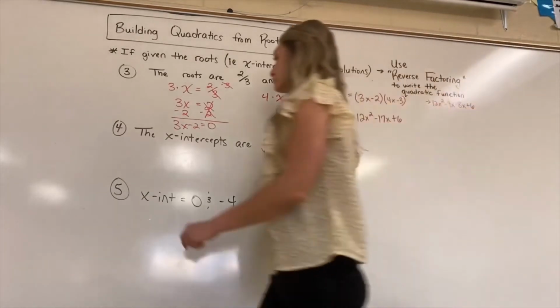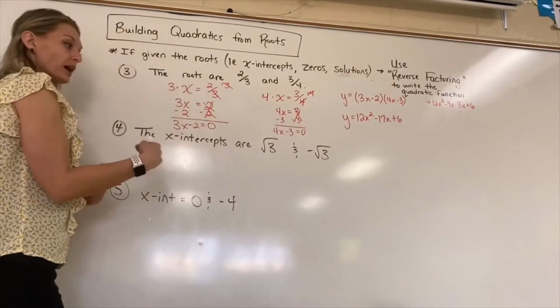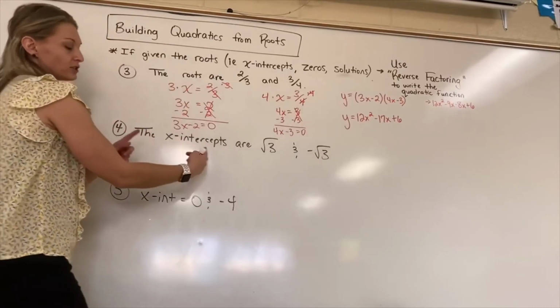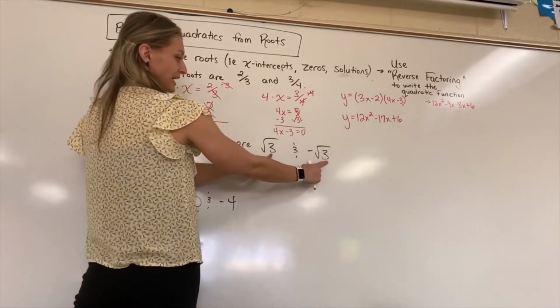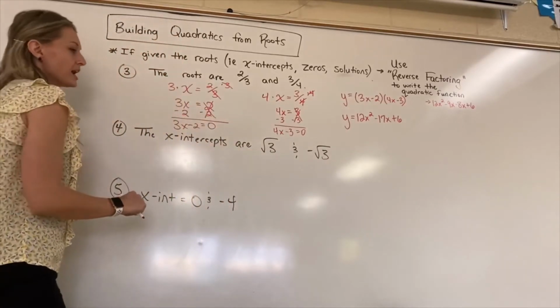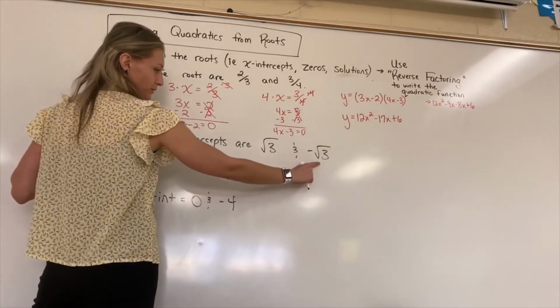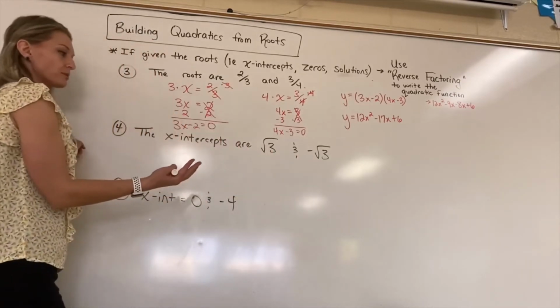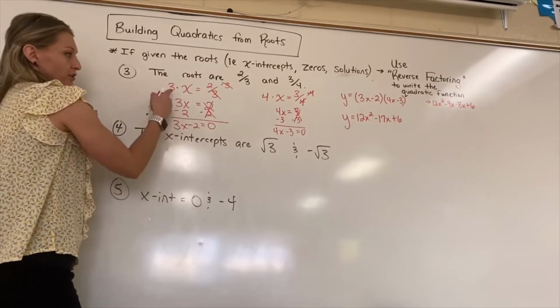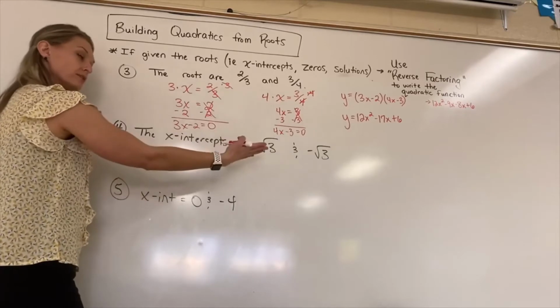So what about number 4? Well, now you have radicals, okay? So when you have two x-intercepts that have a radical, if it's the same thing under the radical, you can actually kind of shortcut this one, okay? So notice you've got a positive square root 3 and a negative square root 3. So when you're doing problems like that, the first step would be you take x equals to each one of those.